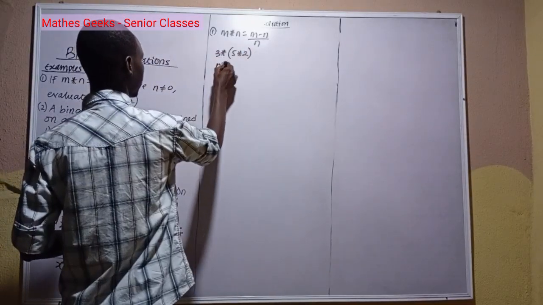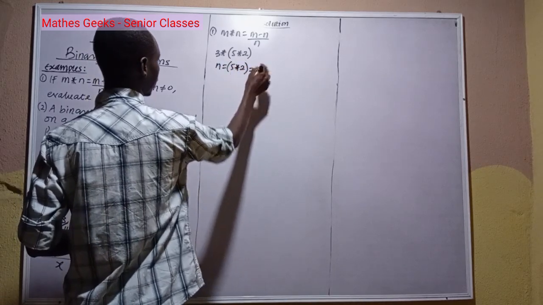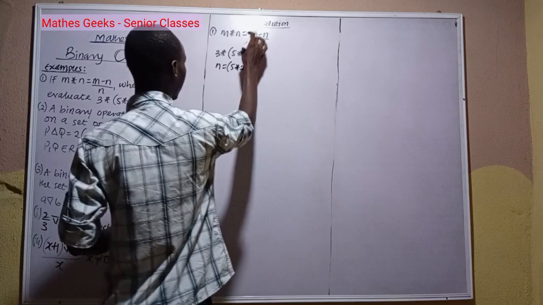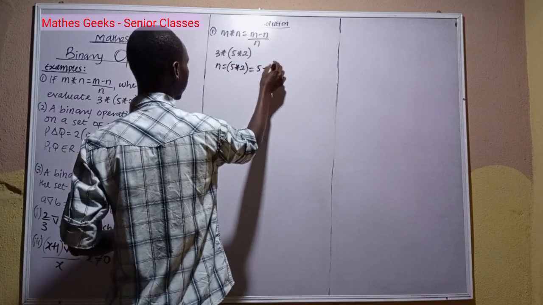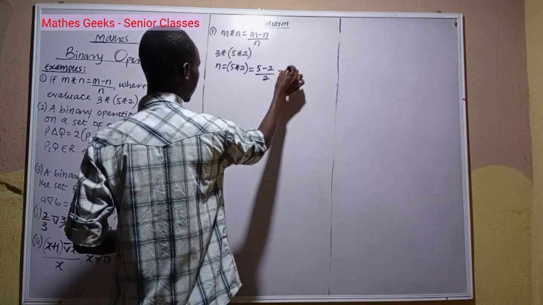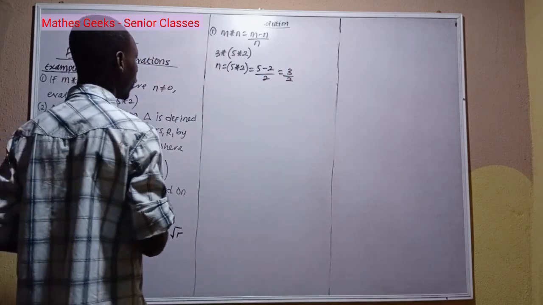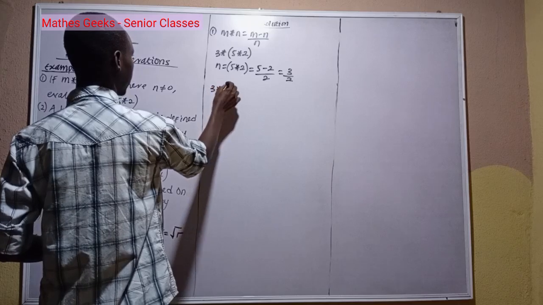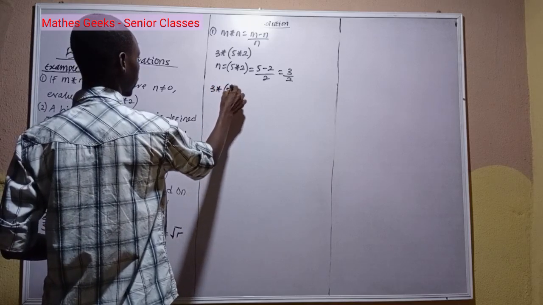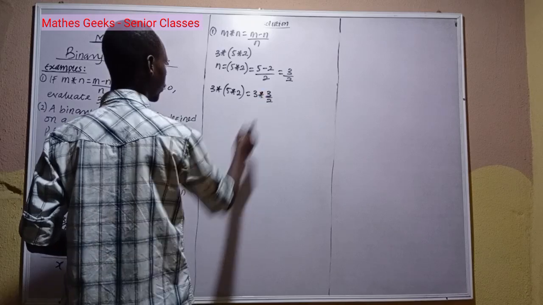So n is equal to 5 star 2, which is equal to 5 is n, 5 minus 2 over 2, that's 3 over 2. So n is 3 over 2, and 2 star 3 over 2 is needed.